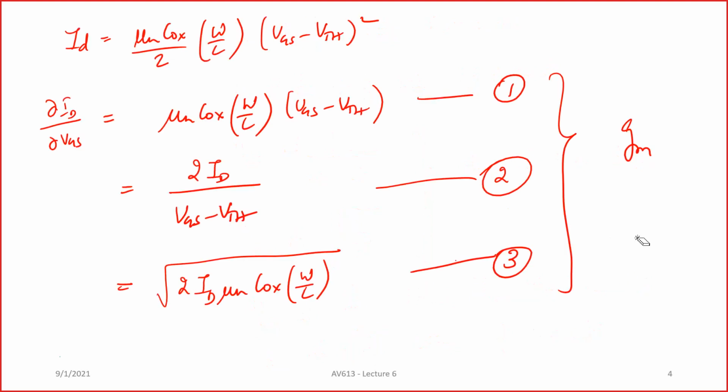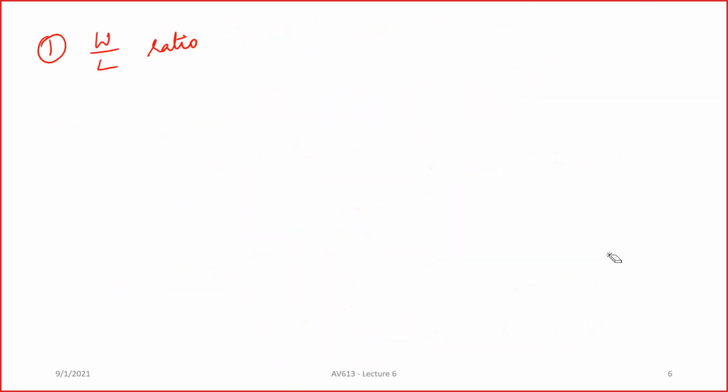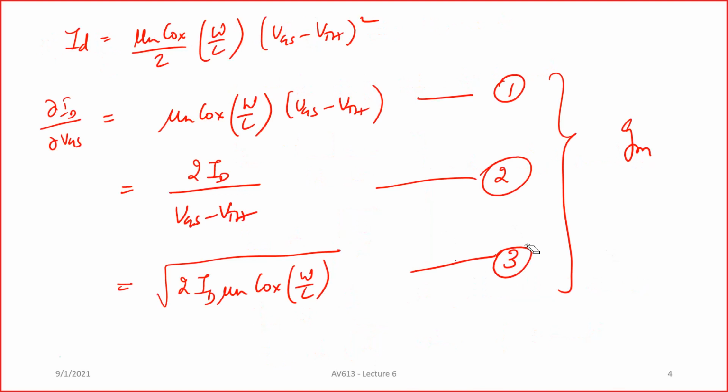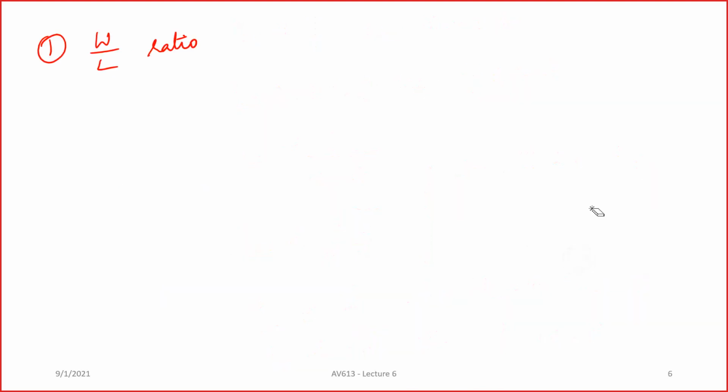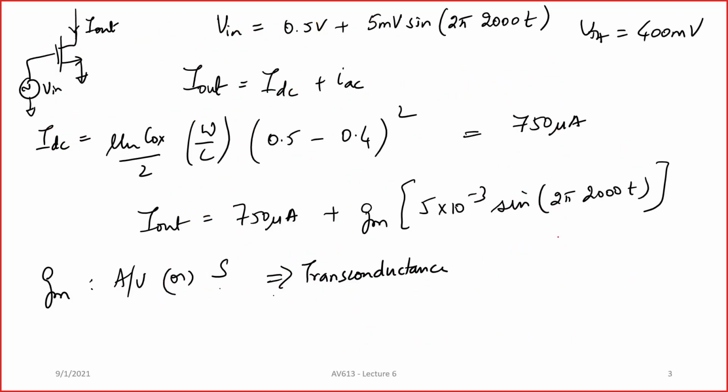Now, in the example that I took here, I took ID equal to, how much did I take? 750 microampere, right? And what else did we take? I didn't give you any other parameters. Let us say VGS I have given: VGS is 0.5, VTH is 0.4.